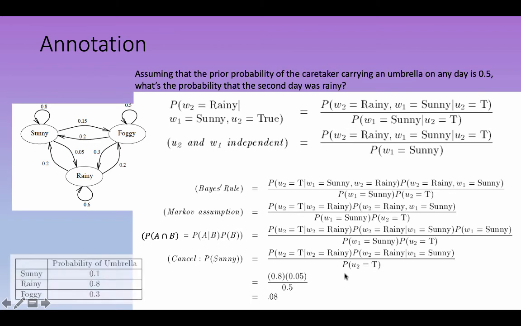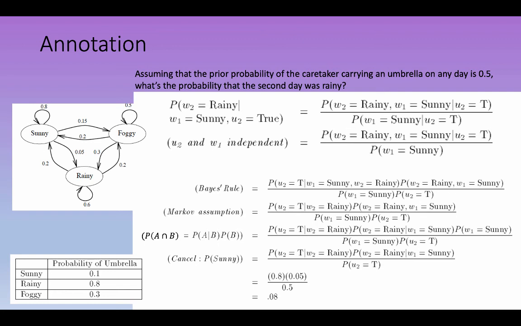So in this case, I know that the probability of the caretaker carrying an umbrella if it's rainy is 0.8, right? So probability of having an umbrella if it's rainy is 0.8. I know that the probability of it going from sunny to rainy, right, is 0.05.